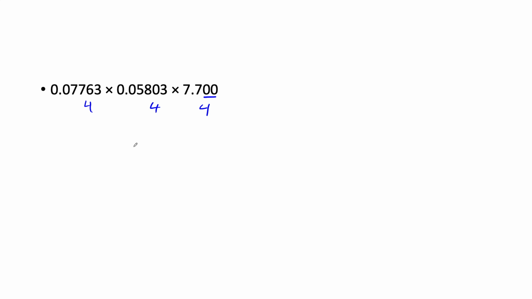But let's go for it. 0.07763, just multiply them across. 0.05803 times 7.700, and I get a number. I'll multiply that across: 0.0346749.